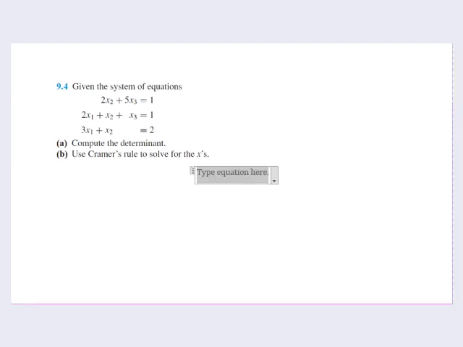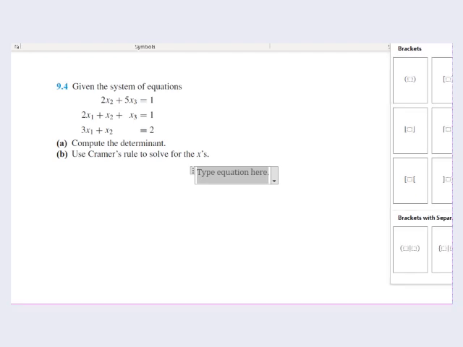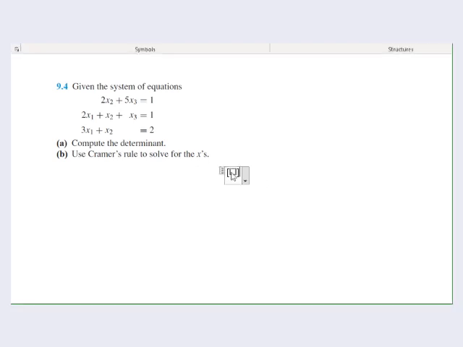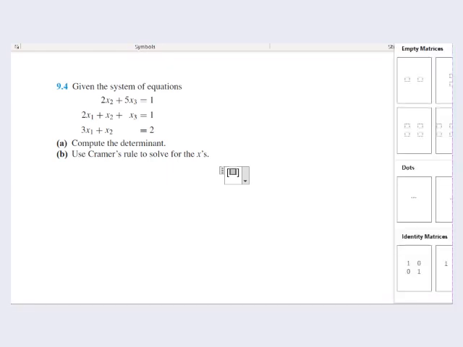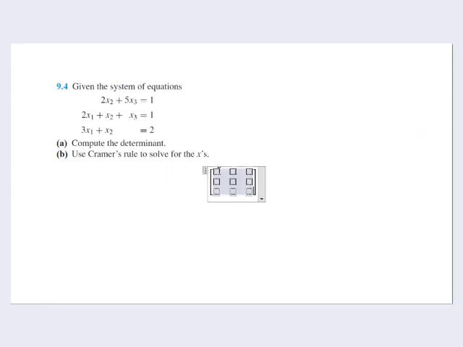So the matrix system: I define the matrix A as a 3 by 3 matrix. It's the coefficients of the system. So 0, 2, 5, 2, 1, 1, 3, 1, 0.